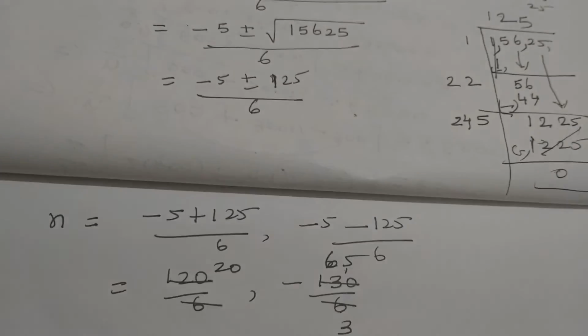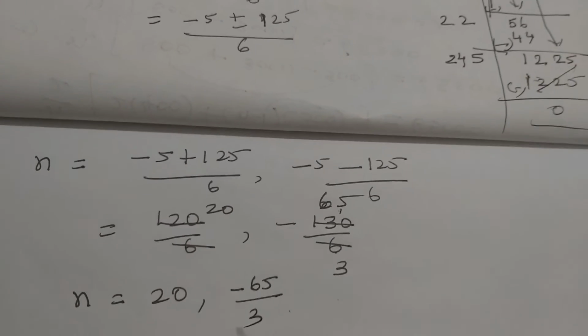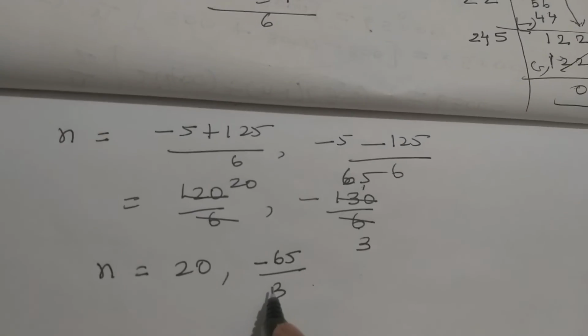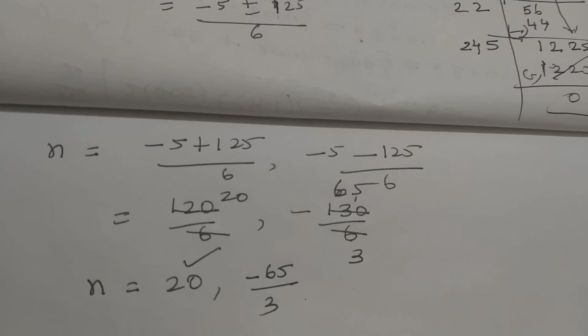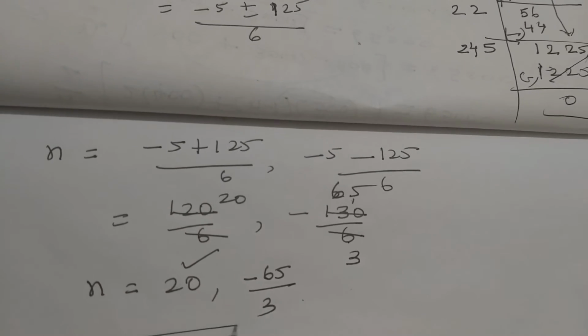So we are getting n is equal to 20 minus 65 by 3. This value is inadmissible. That is, we cannot take a negative value. So select only the positive value. So you are getting n equal to 20.